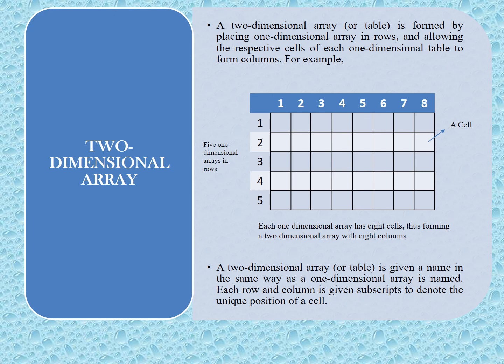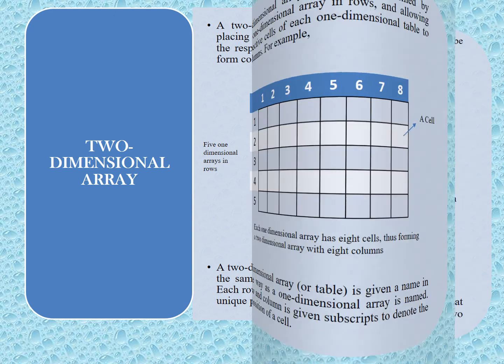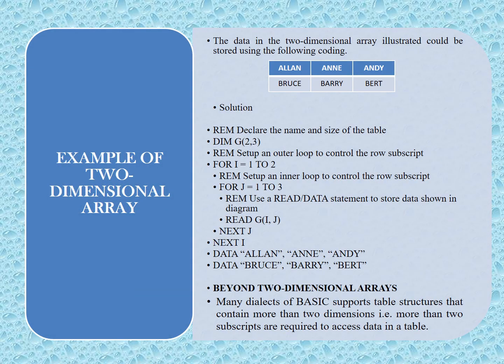A two-dimensional array or table is given a name in the same way as a one-dimensional array is named. Each row and column is given subscripts to denote the unique position of a cell. Displayed on the screen is an example of a two-dimensional array and beyond two-dimensional array.